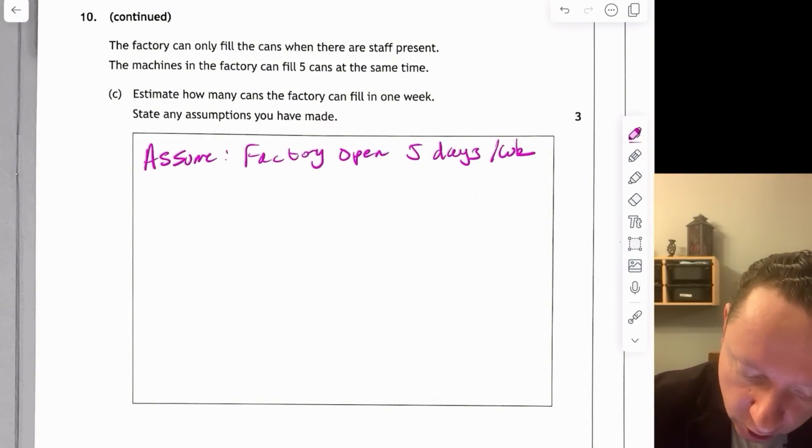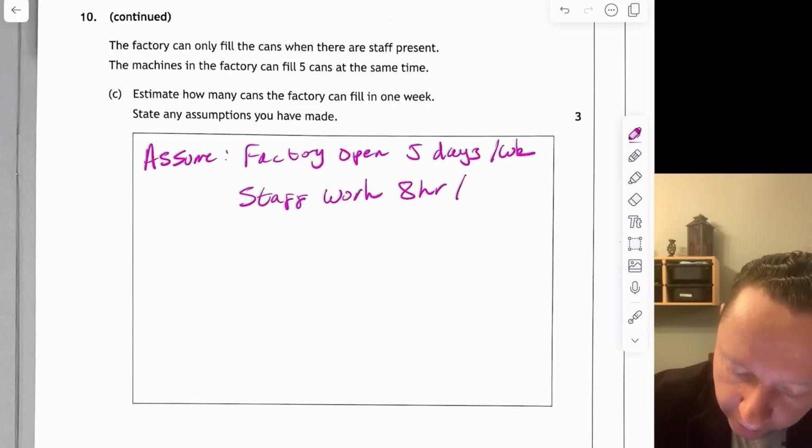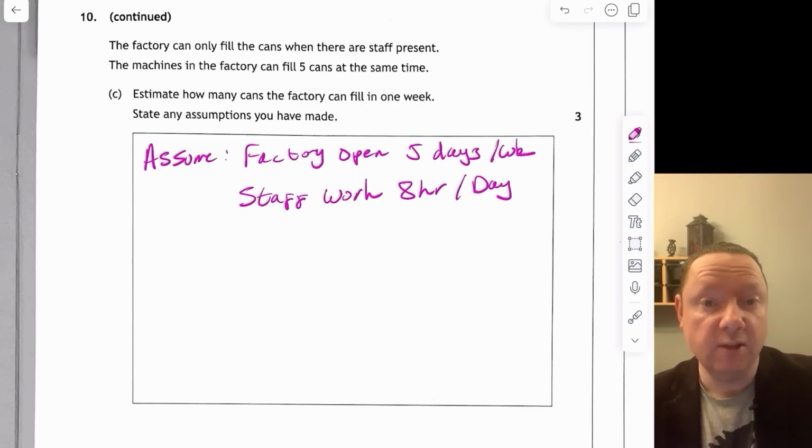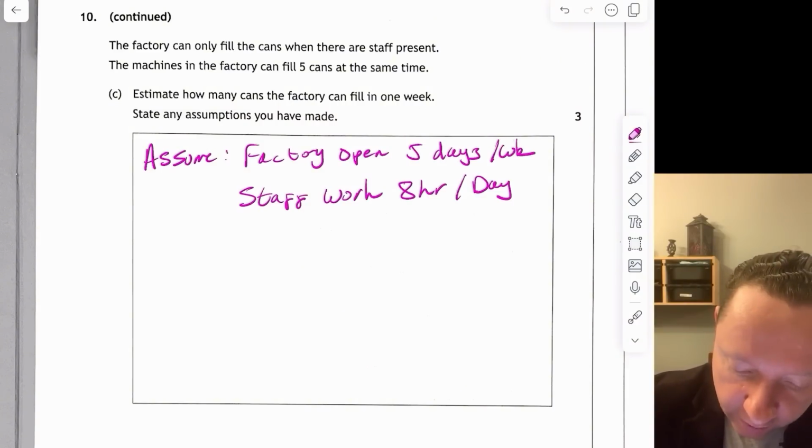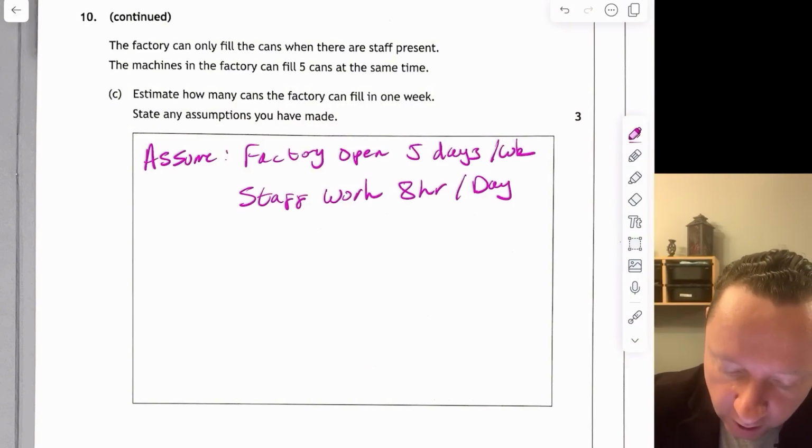And we're going to assume staff work 8 hours per day. Now you might have assumed 24, you might assume a 24-hour factory, but 8 hours seems reasonable. So then it can fill 5 cans at a time. So we need to work out how many cans it can fill in all that time.